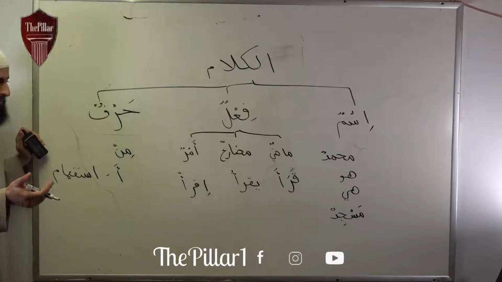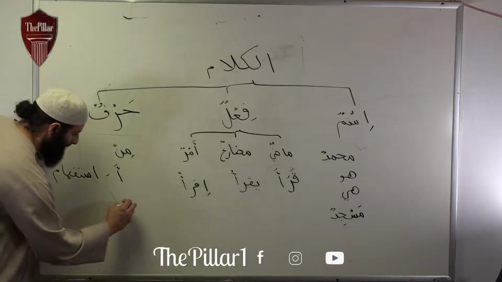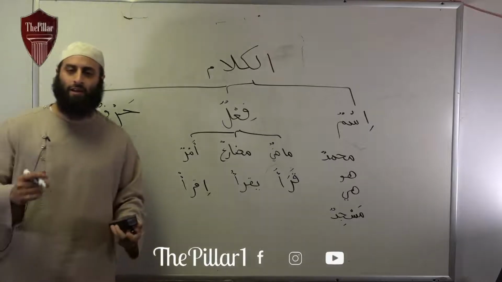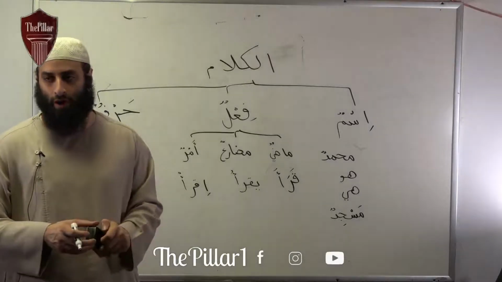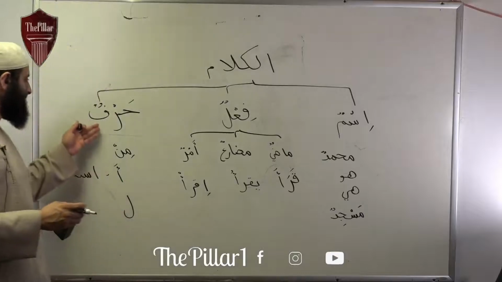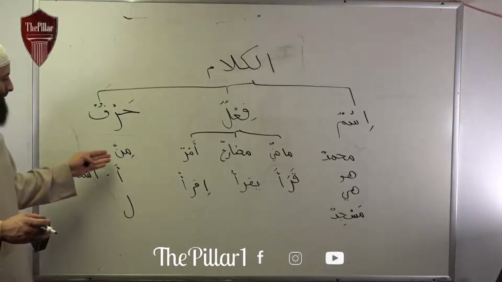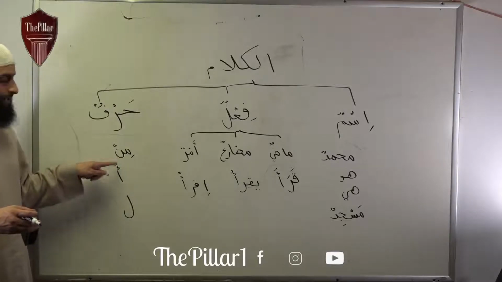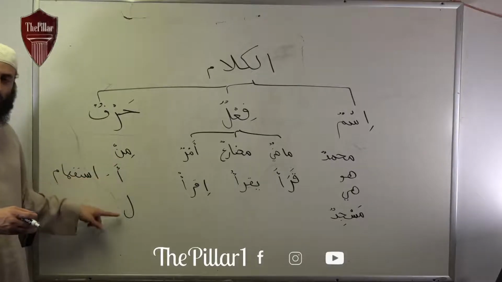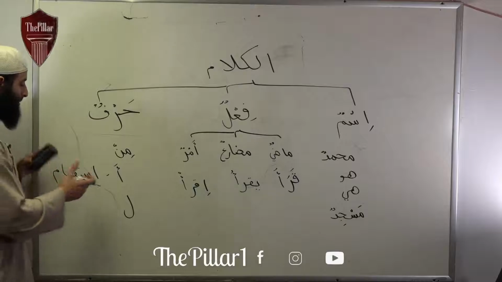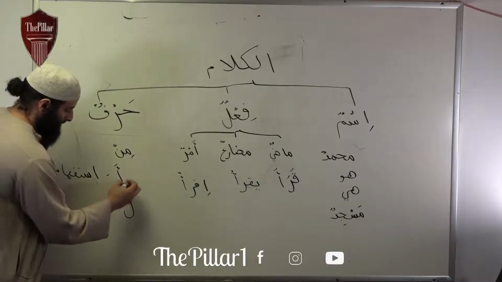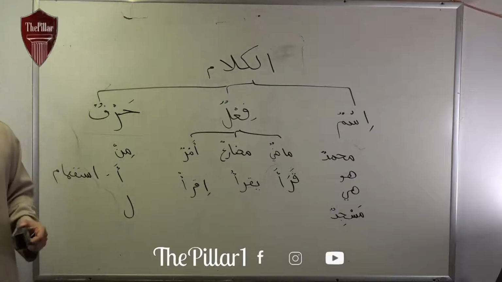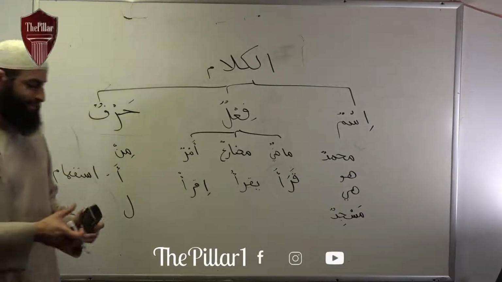Something that is just like the letter lam, another harf jar added to the word, like lillah, for Allah. So that's considered a harf. So you can see here that a harf can be made up of two letters. It can be made up of just the one letter, just like here or there. Even though something like this translated in English can mean did, or are, or is.